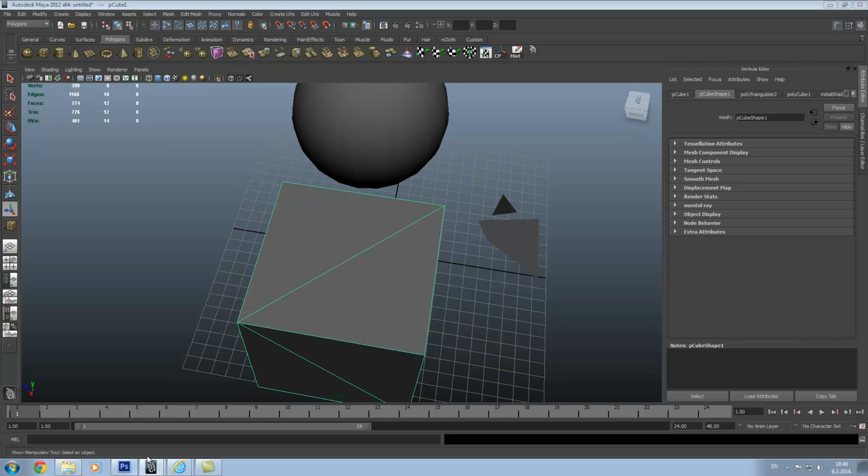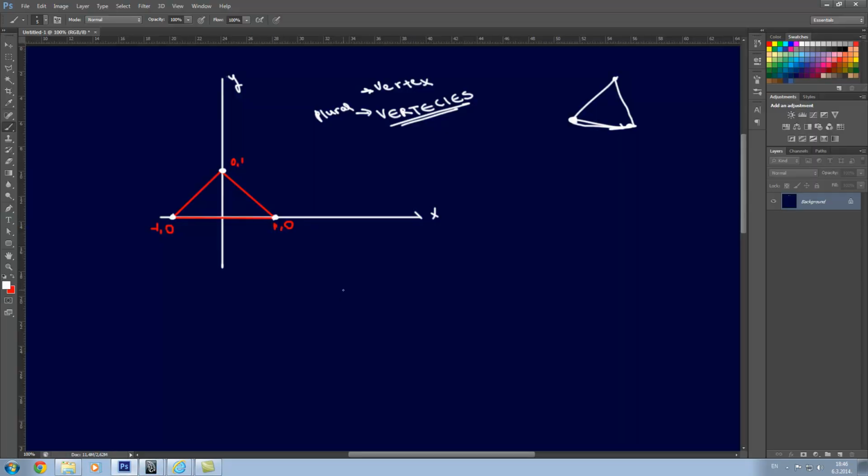Let me get back to the blue board. Let's talk about triangle winding. Winding means how your 3D object is represented in terms of the order of drawing vertices, or the order of defining vertices.